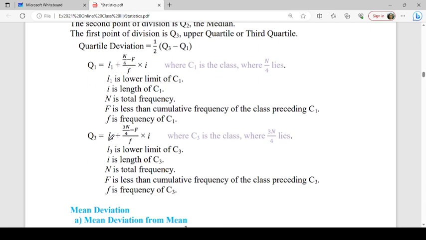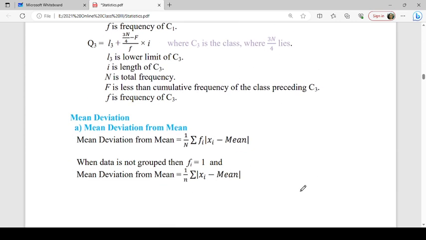Just like median: in case of median, we counted n by 2 and found C, where n by 2 lies. In case of Q1, you count n by 4 and find C1. Then for Q3 you count 3n by 4 and find C3, and others are same. This is quartile deviation.